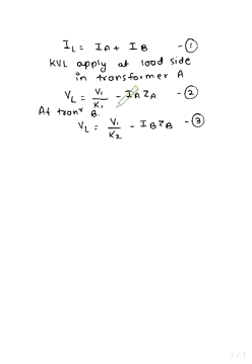Similarly, at transformer B, we can apply KVL and find VL is equal to V1 by K2 minus IB into ZB.